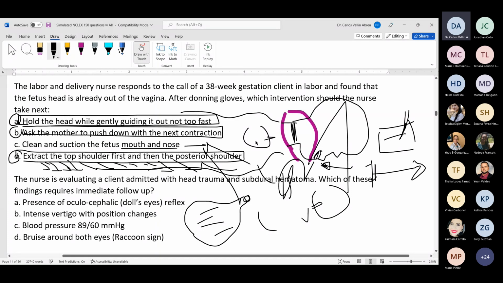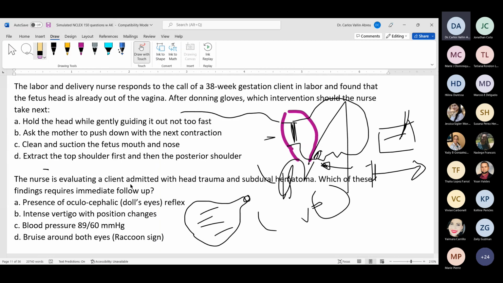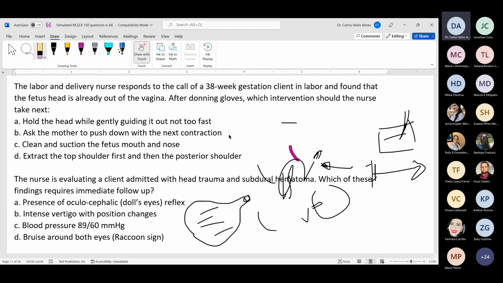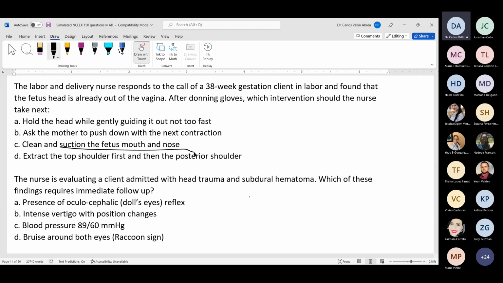Everything occurs alone. So, well, there is a different opinion. It's very common in this field that people have read or have some knowledge that say, no, we don't suction. But the rationale for suctioning the mouth of the baby is that the mouth is full of liquid, and the baby must breathe.